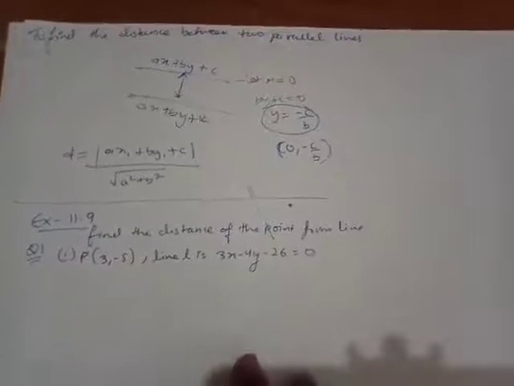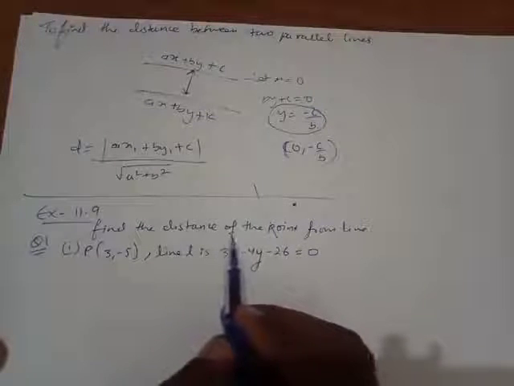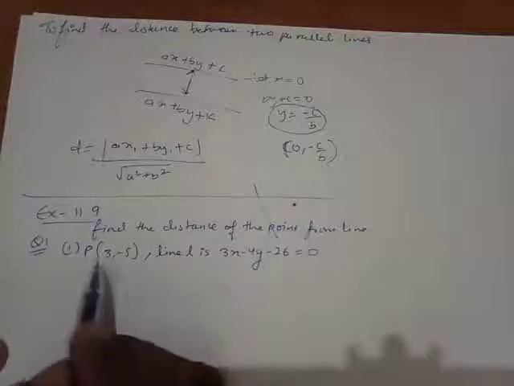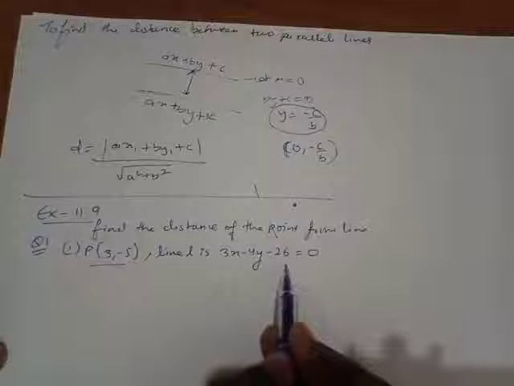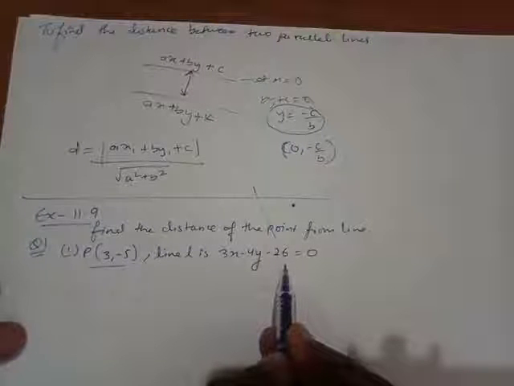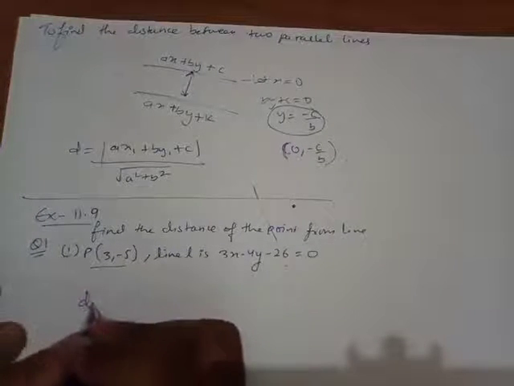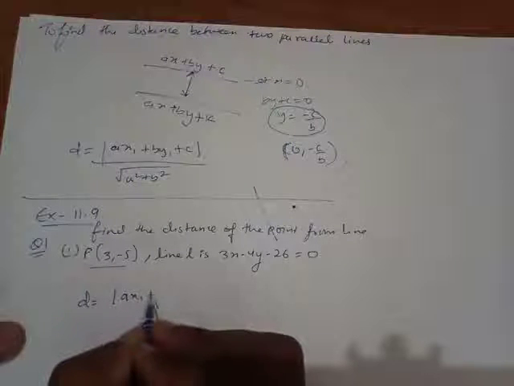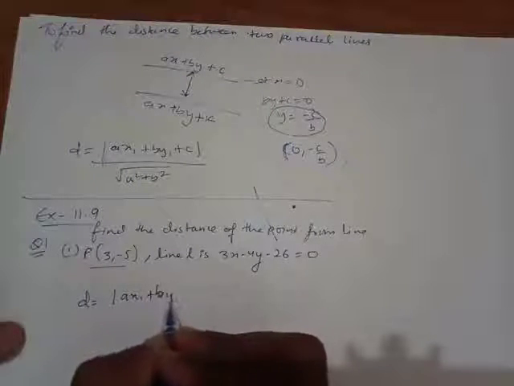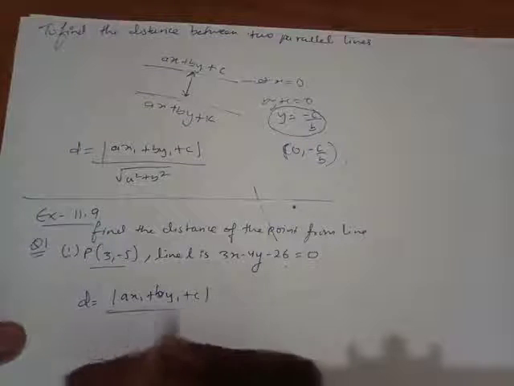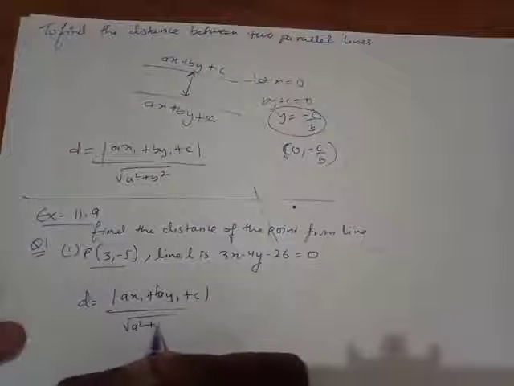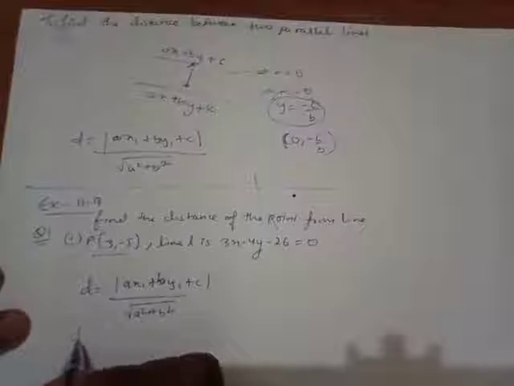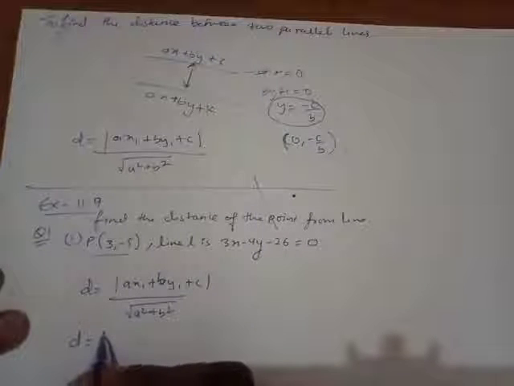So it says find the distance of the point from the line. So this is the point and this is the line given, the equation of a line, and then I have to put in the formula. So distance equals, I'll put the formula first, ax1 plus by1 plus c upon the square root of a square plus b square, right? Now d is equal to, let's see what happens.